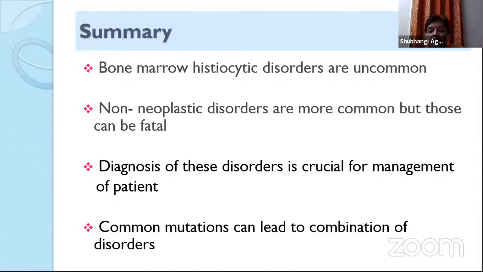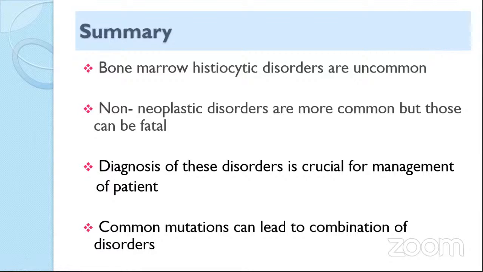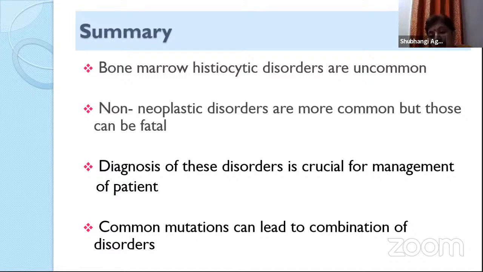Diagnosis of these disorders is crucial for management of these patients, and common mutations can lead to combination of disorders in LCH and other hemophagocytic syndromes also. So you have to be aware of these mutations, and you should follow up these patients frequently.